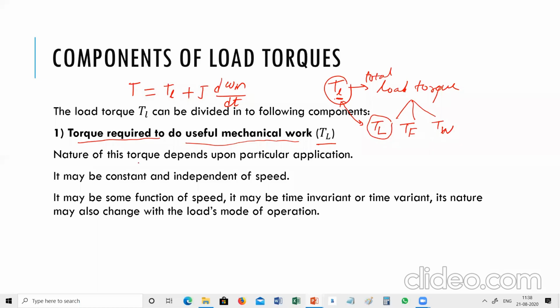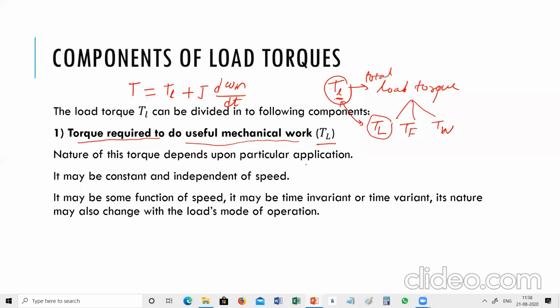The nature of this torque depends upon the particular application. For example, we have seen the multi-quadrant operation of hoist. The nature of that particular hoist depends on the weight of the counterweight, the weight of the cage itself, and the gravity effect.